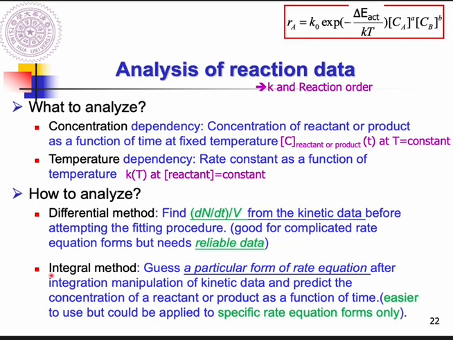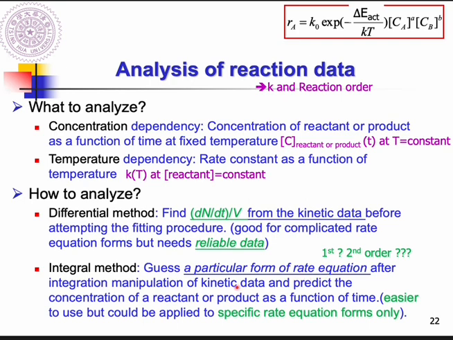And regarding the integral method, the approach is different. First of all, you need to guess whether this reaction belongs to zero order, first order, or second order, because for each reaction order, we have a particular form of rate equation.